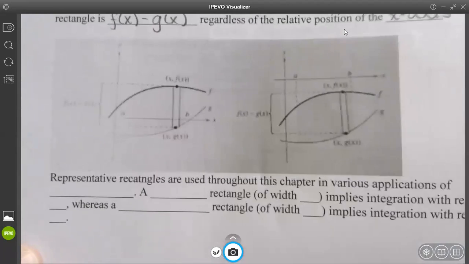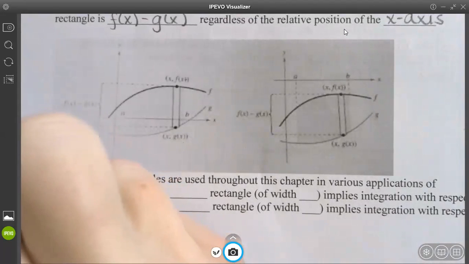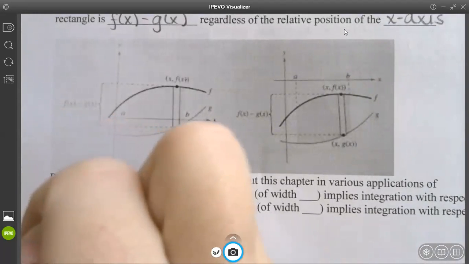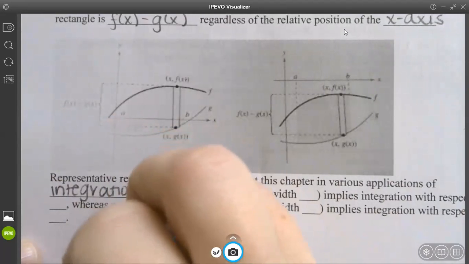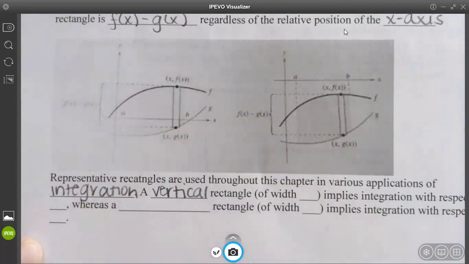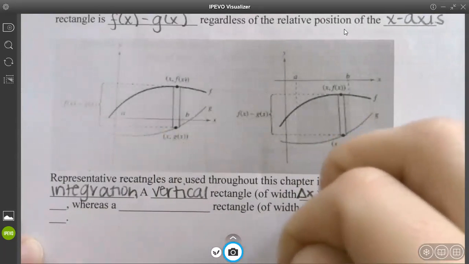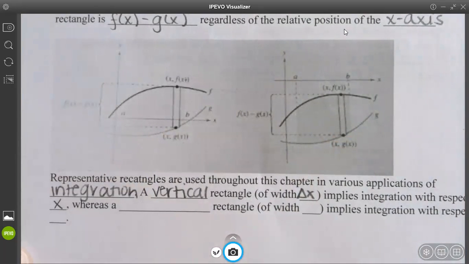Representative rectangles are used throughout this chapter in various applications of integration. A vertical rectangle, which is all you've seen right now, so those two figures have vertical rectangles, has a width of delta x, which implies integration with respect to x.